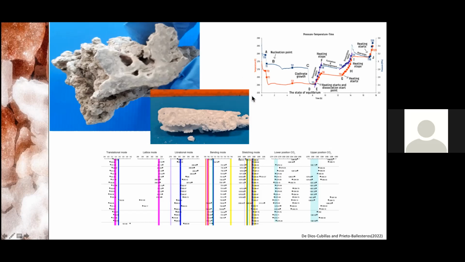In the figure here at the top is the pressure-temperature evolution of the sample during the experiment. At point C, when the pressure dropped, we have the formation of clathrates. At point E, we heat the sample to dissociate them, but they persist up to point G, and finally dissociate and release the gas.